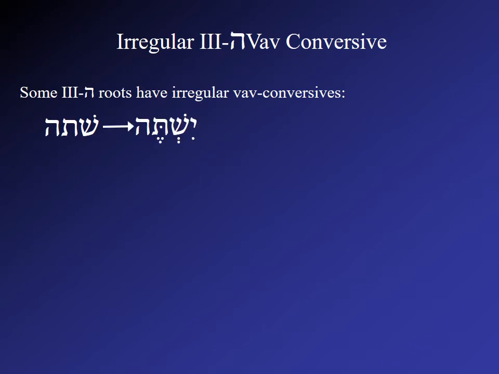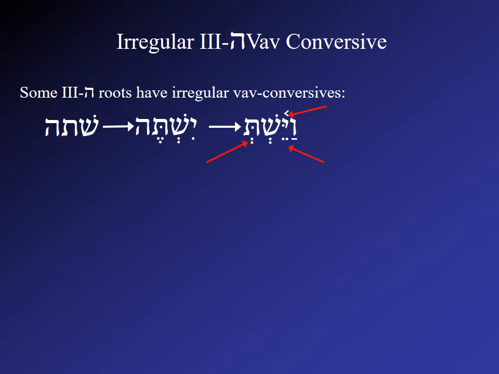The prefix of shata, as we would expect, is yishteh, but the prefix vav conversive is vayesht. Here you see a tzere under the prefix, the retracted accent, and the two shvas in a row. It's a very distinctive looking word, vayesht.